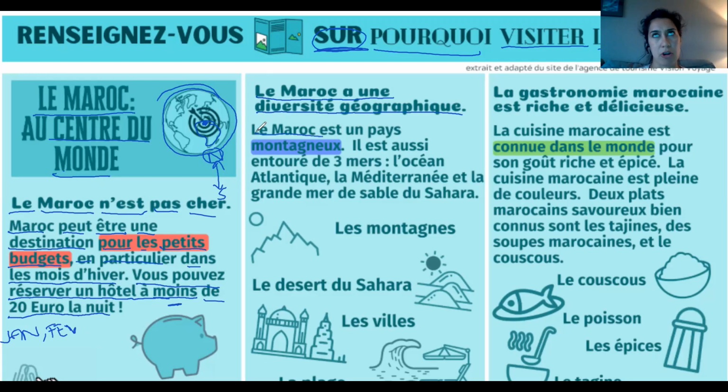Le Maroc est un pays montagneux. Il est aussi entouré de 3 mers. L'océan Atlantique, la Méditerranée et la grande mer de sable du Sahara.